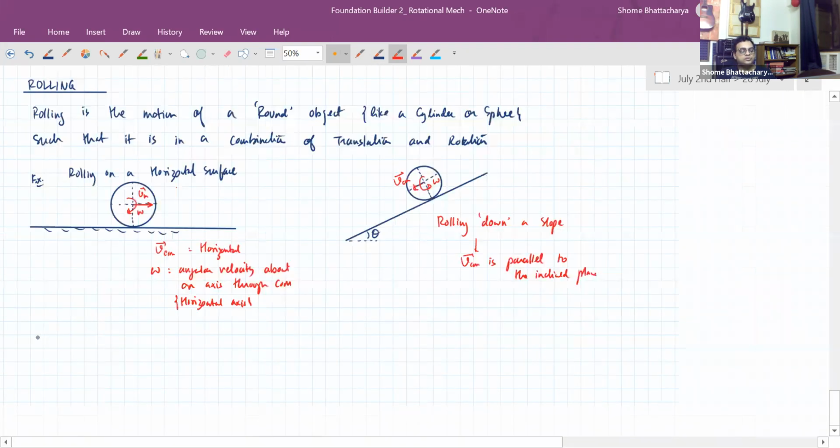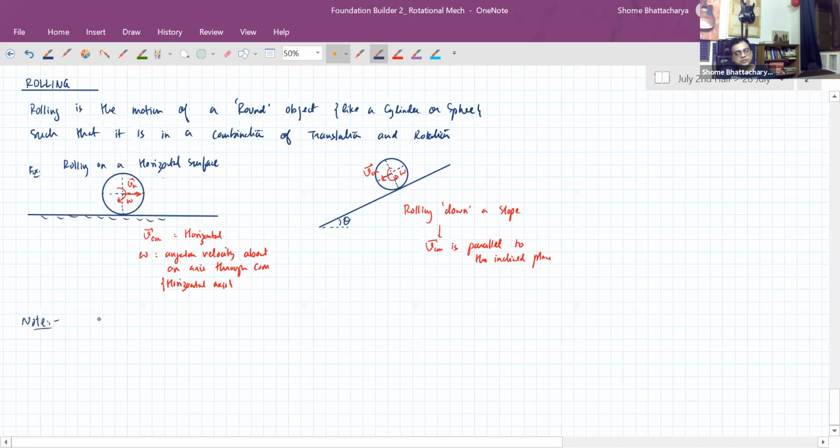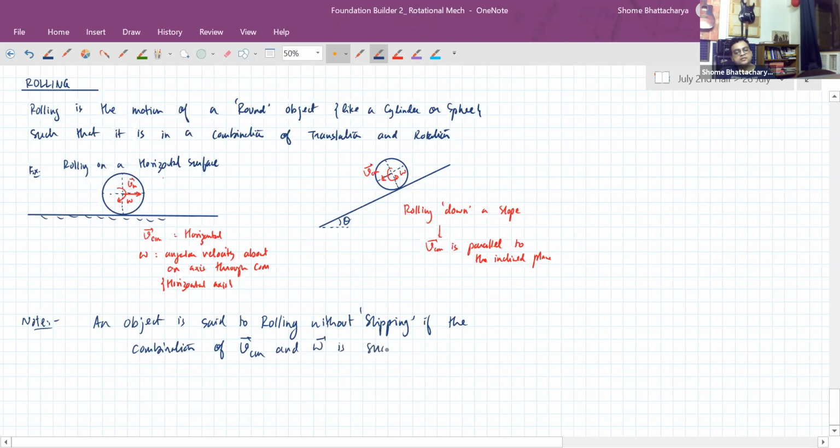Now, before you write all this down, the most important thing: an object is said to be rolling without slipping if the combination of VCM and omega is such that the point of contact with the surface does not slip on it.